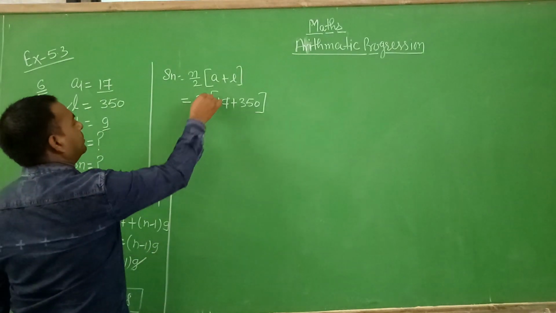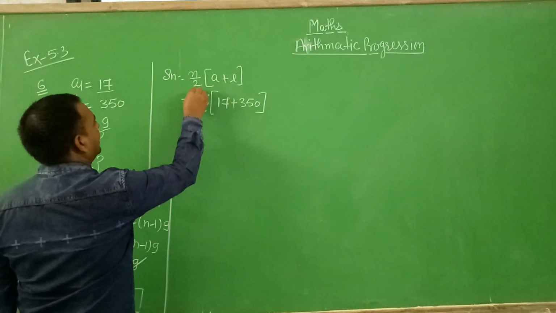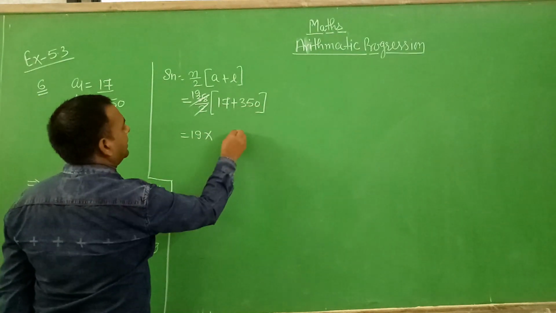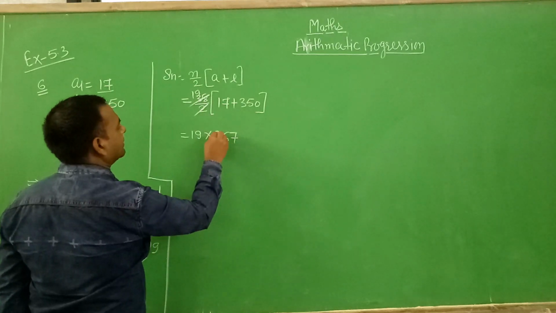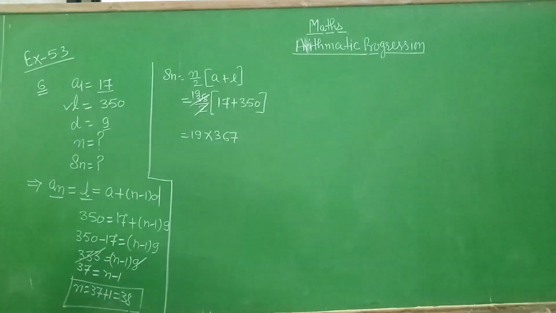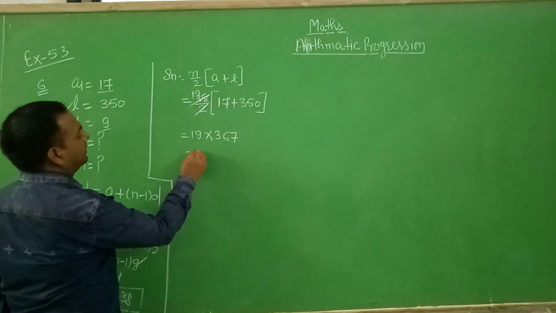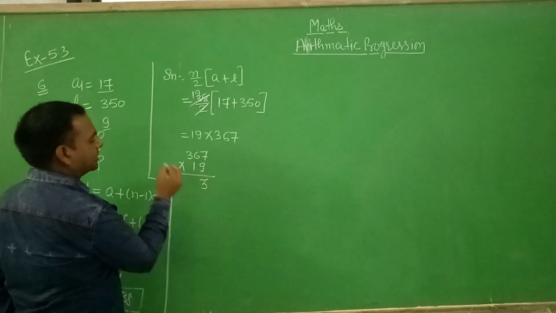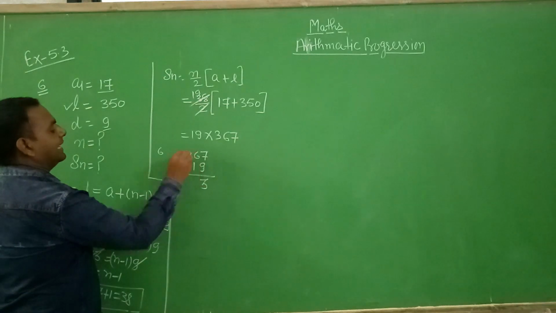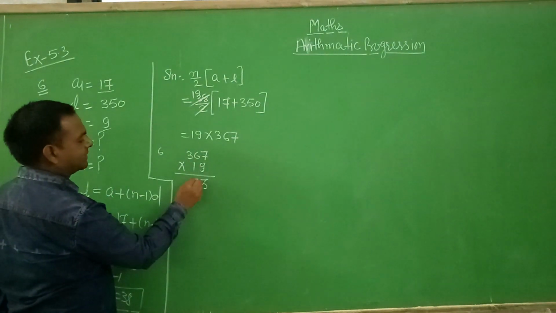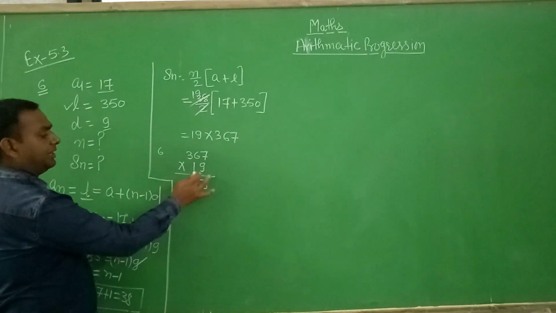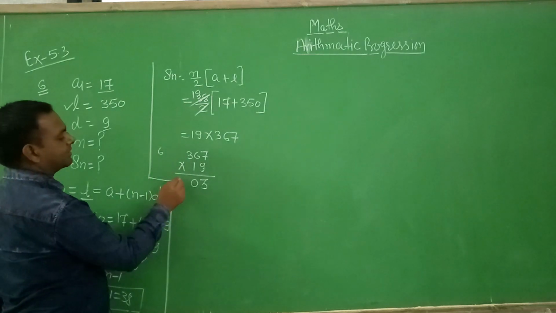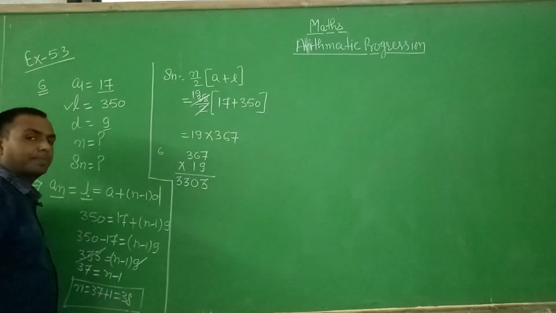Here you divide 38 by 2, which is 19, into 367. You multiply 367 with 19. 9 7s are 63, 6 is carried. 9 6s are 54, plus 6 is 60. 6 is carried. 9 3s are 27, plus 6 is 33.